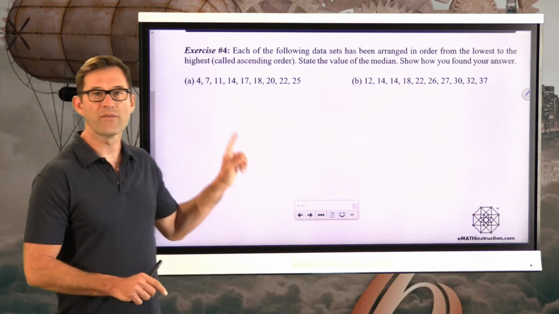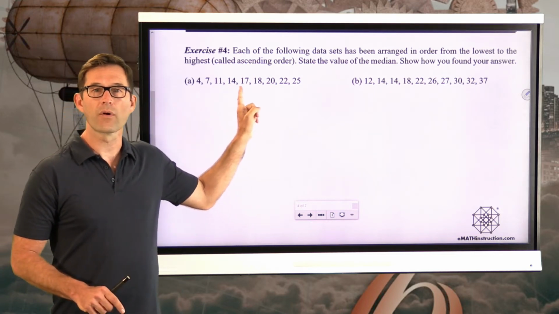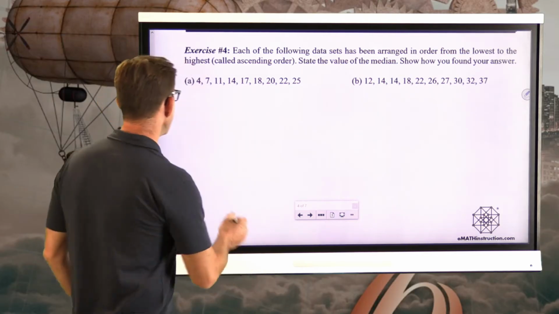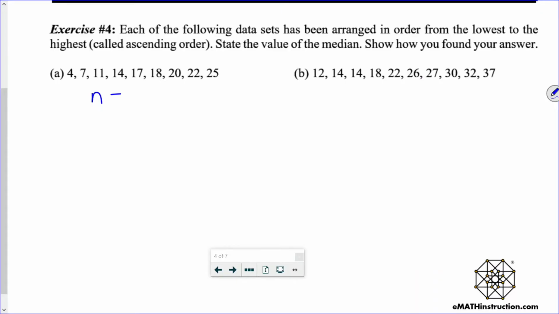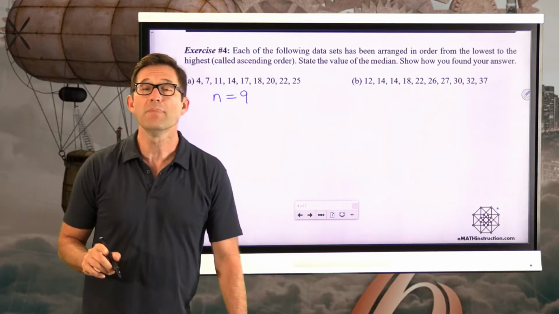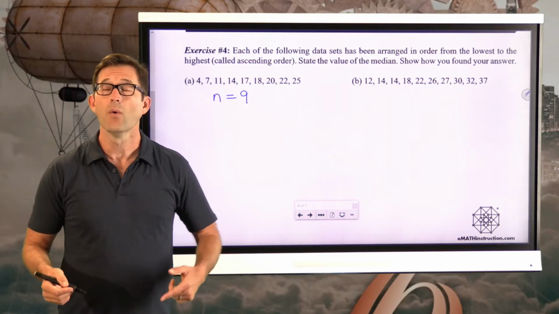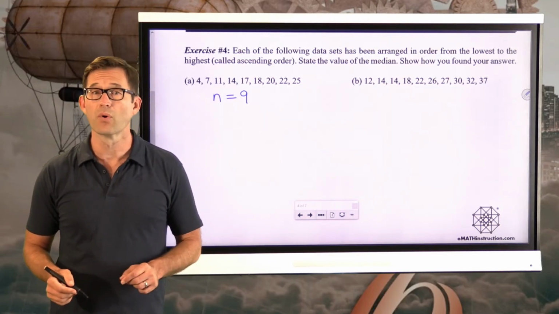In letter A, we've got 9 data values. Oftentimes we represent that with n equals 9. Because there are 9 data points, there will be one number in the middle.